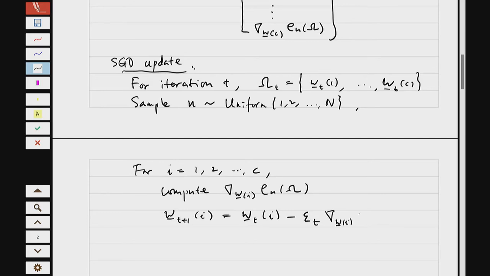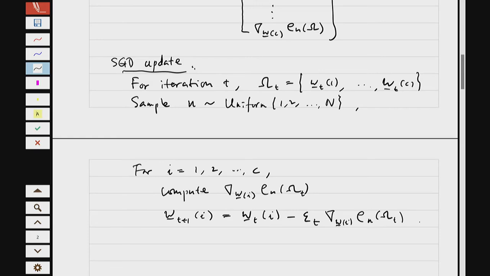So all of this update can be done separately. I should say t here, on this big omega, there's a t there. And that's it. You just keep updating until convergence, and then you are all set.